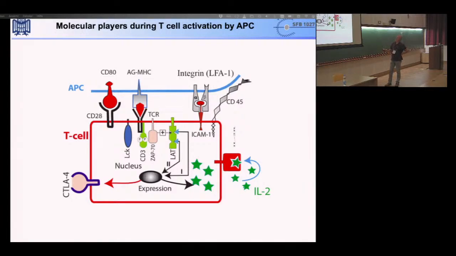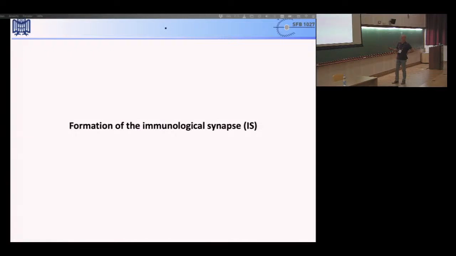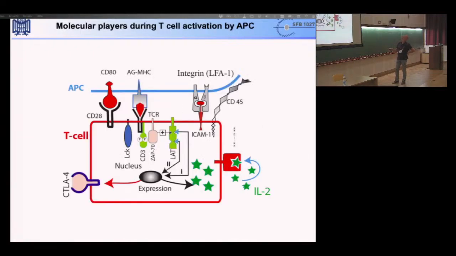Simultaneously, not only one, there are many bonds. It makes a strong mechanical contact with integrin on the APC side and ICAM on the other side. And then there is also a control factor, CD28, binding to CD80. So recognition and part of the mechanics in strong mechanical bonding is happening here.